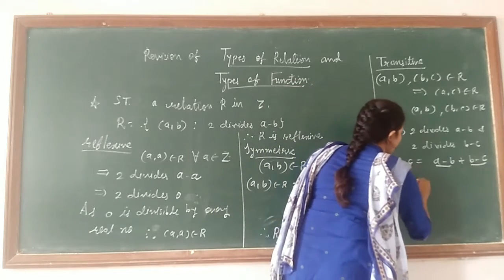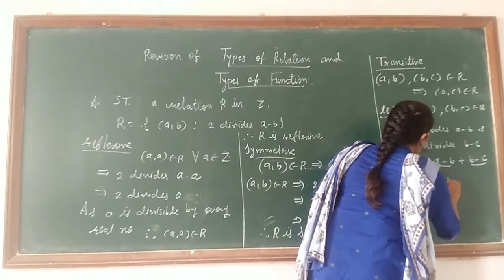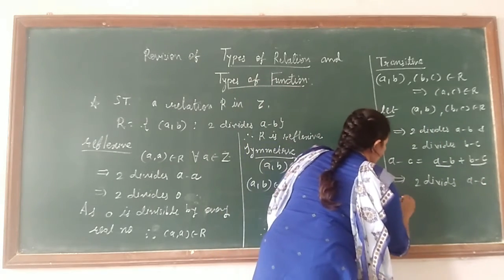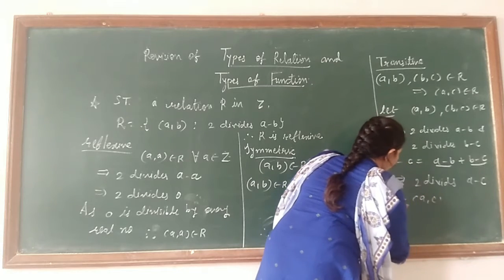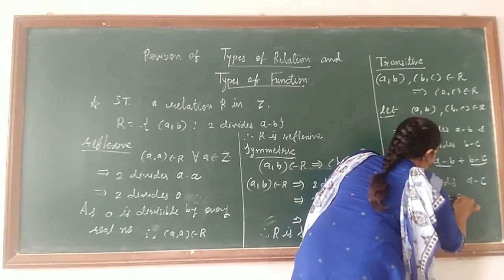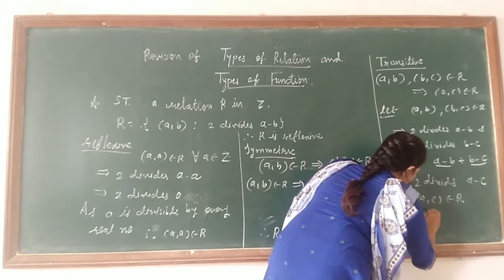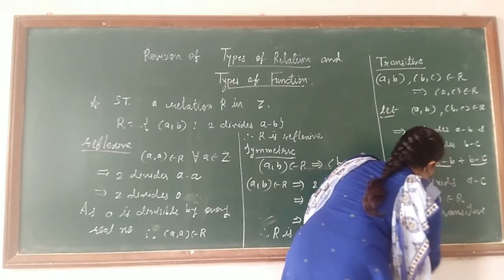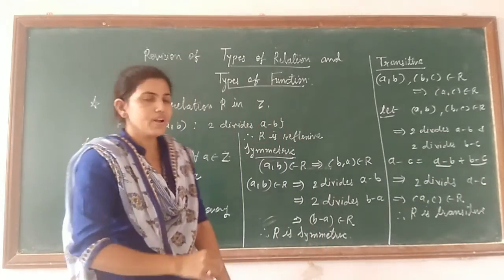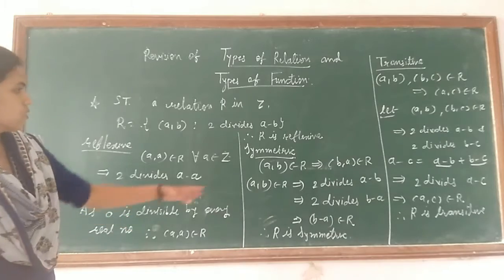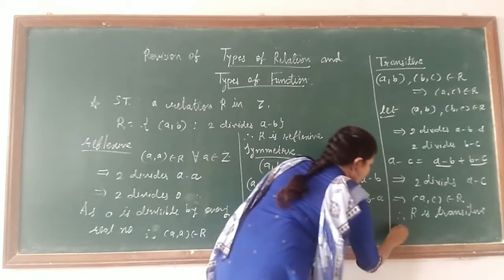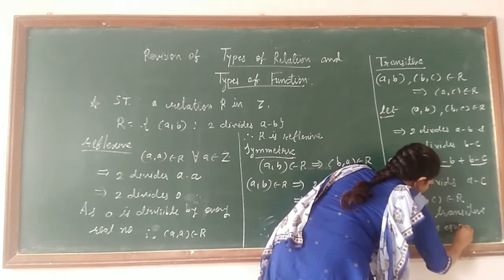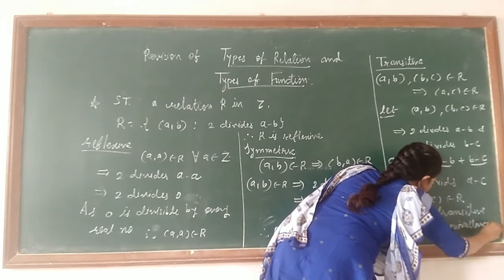Therefore, this gives that 2 divides a minus c, and therefore (a, c) belongs to R. Therefore, R is transitive. So, as R is reflexive, symmetric and transitive, therefore R is an equivalence relation.